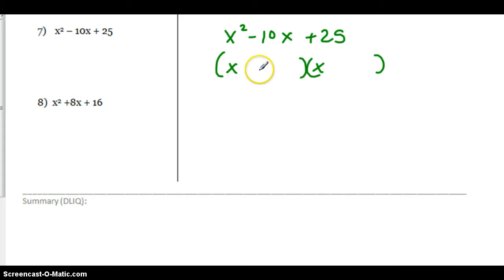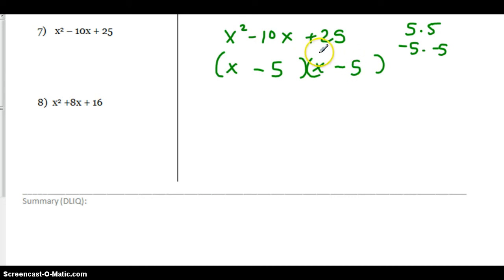And then what two numbers would multiply to 25? It would have to be either positive 5 times 5, or negative 5 times negative 5. For it to add up to negative 10, which option would it be? Correct. It would be negative 5 and negative 5.